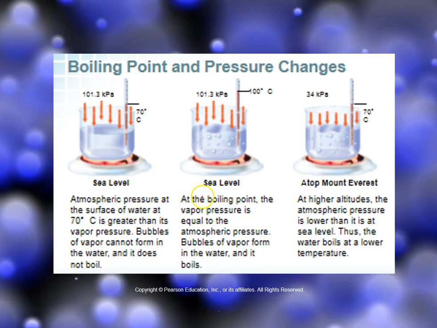But once the liquid reaches the boiling point, the vapor pressure, the pressure of the bubbles in here, is equal to the atmospheric pressure, and so bubbles of vapor are going to form in the water and it begins to boil.